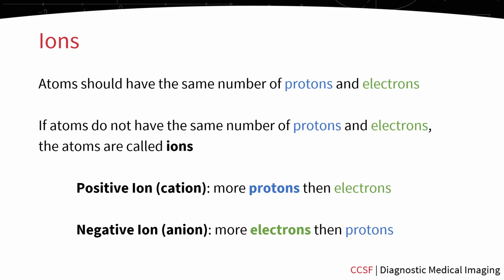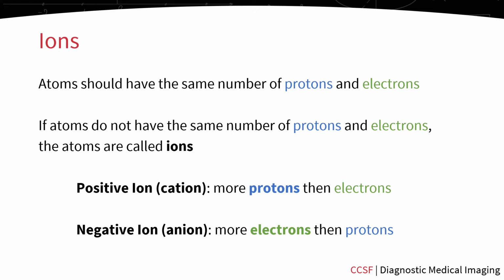In contrast, when an atom loses or gains electrons, or the rarer case of losing or gaining a proton, which requires a nuclear reaction, the total charges add up to something other than zero. The atom is then said to be electrically charged or ionized.